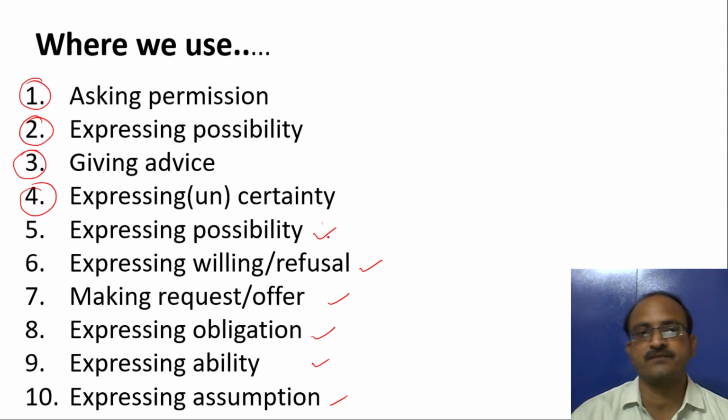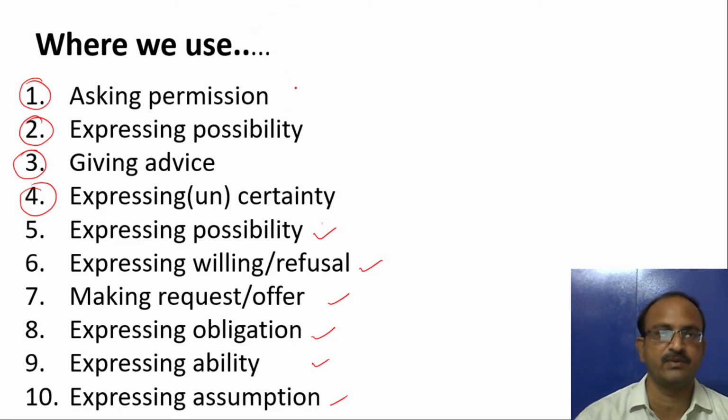Mind you, students, one auxiliary is not meant for one duty. The same auxiliary we use for advice, we can also use for request or possibility. So don't fix one modal auxiliary to one function.